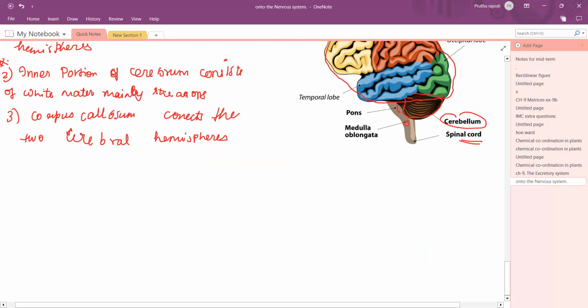Now the cerebrum functions are equally important.